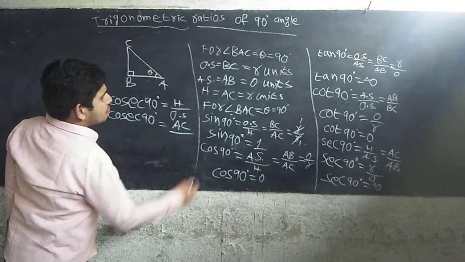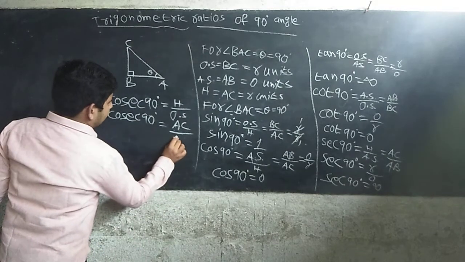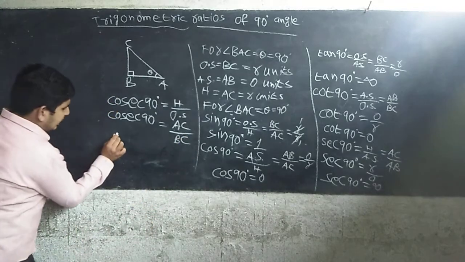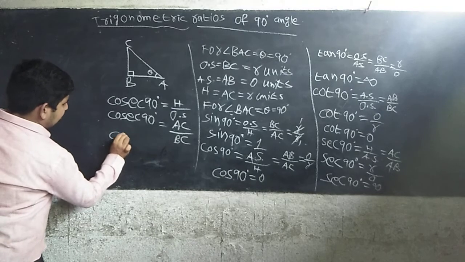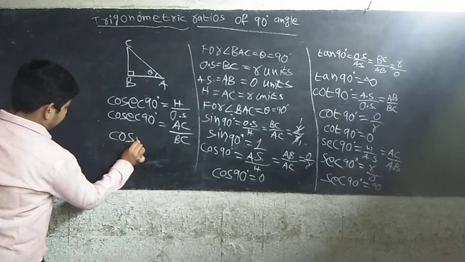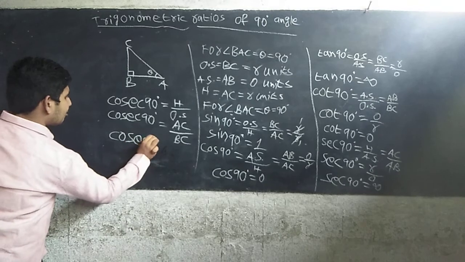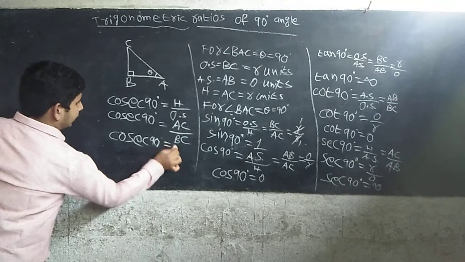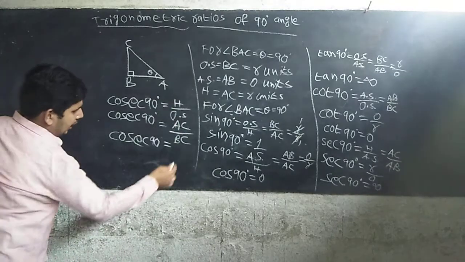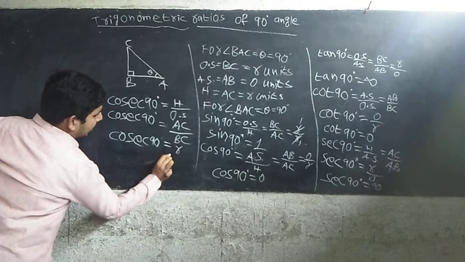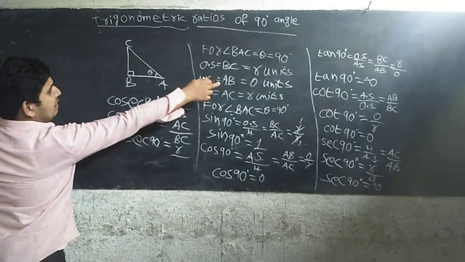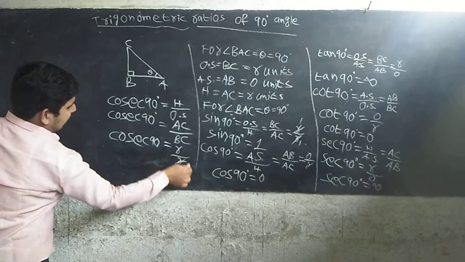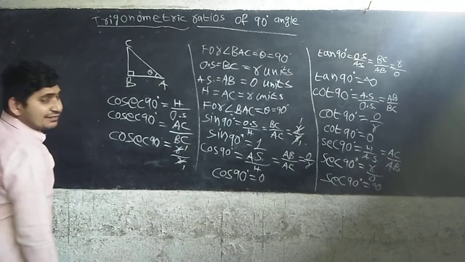Hypotenuse is AC, opposite side is BC. So AC by BC. AC equal to R, BC equal to R. So R by R, R is cancelled, 1 by 1 is 1 only.